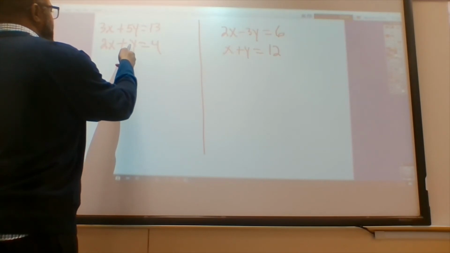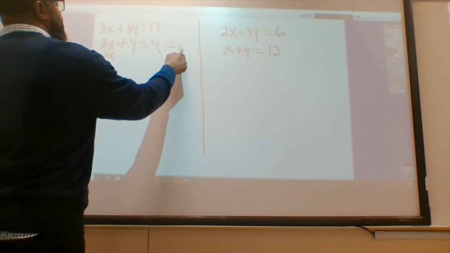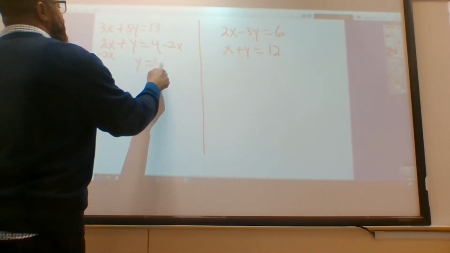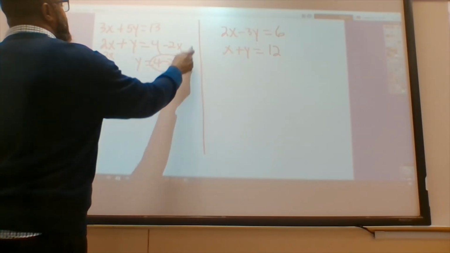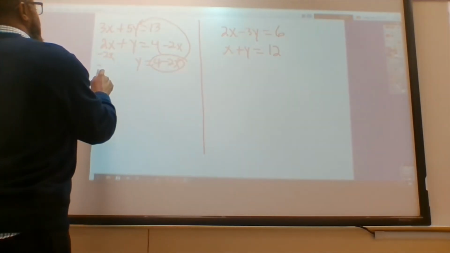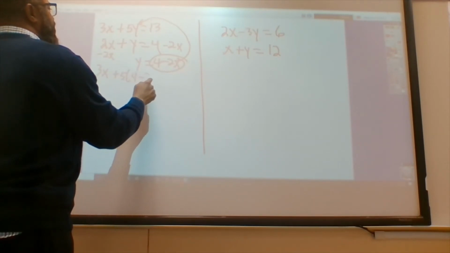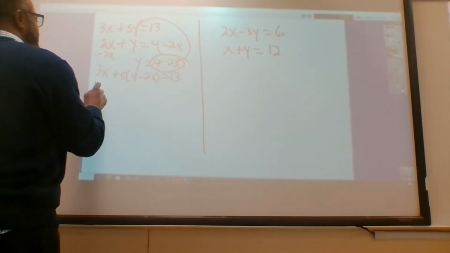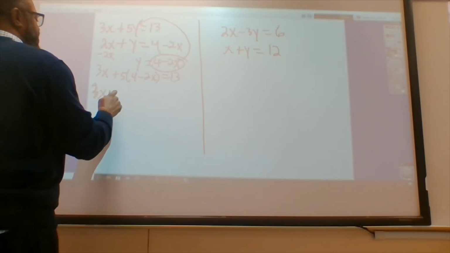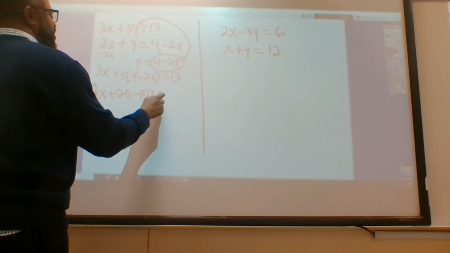Subtract 2x on this side, and you'll have y is equal to 4 minus 2x. Then I'm going to take that expression and replace it here. I will have 3x plus 5 times 4 minus 2x is equal to 13. Then I will have 3x plus 20 minus 10x is equal to 13.